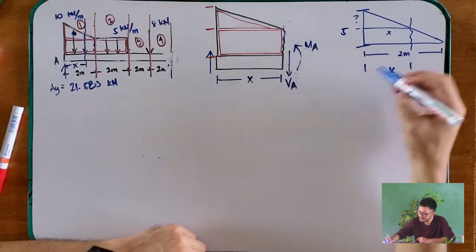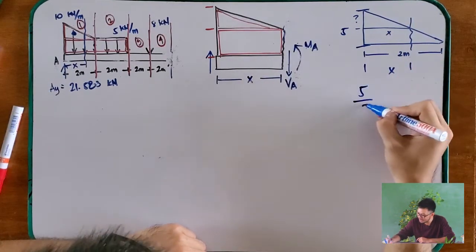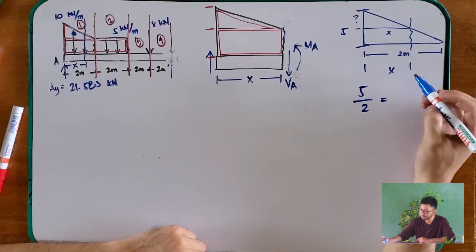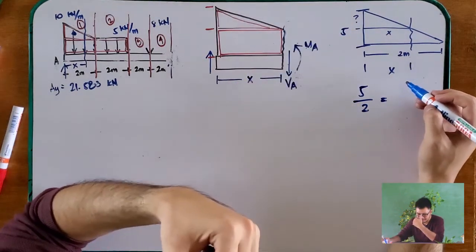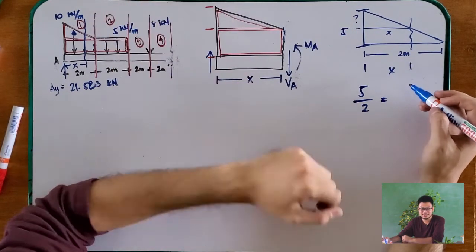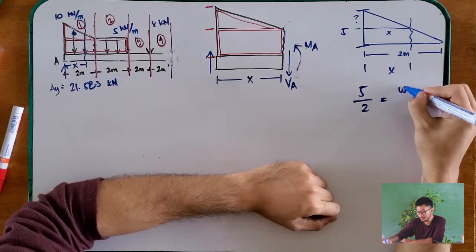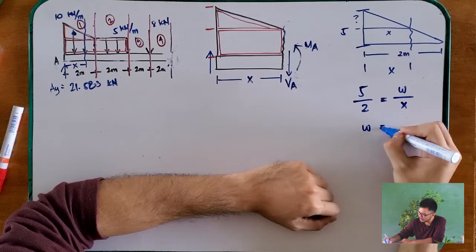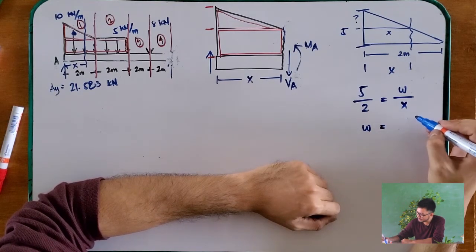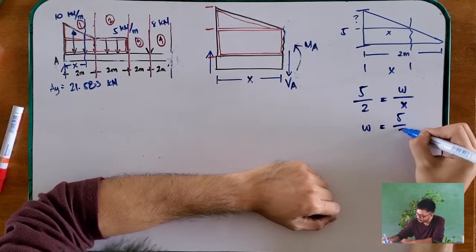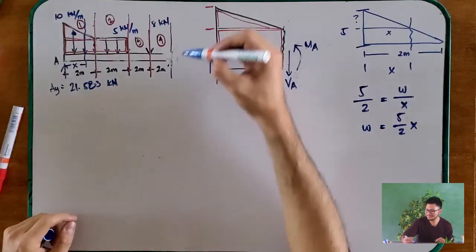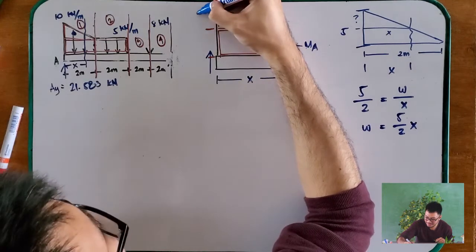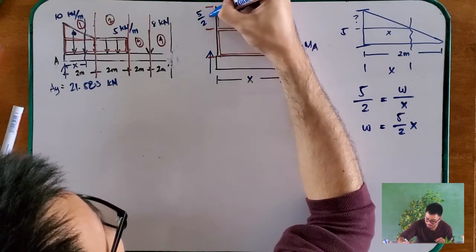So, therefore, rise over run is equal to rise, which we don't know. Let's just say W over x. So, therefore, your W right here is equal to 5 over 2 x. Okay? So, this is 5 over 2 x.